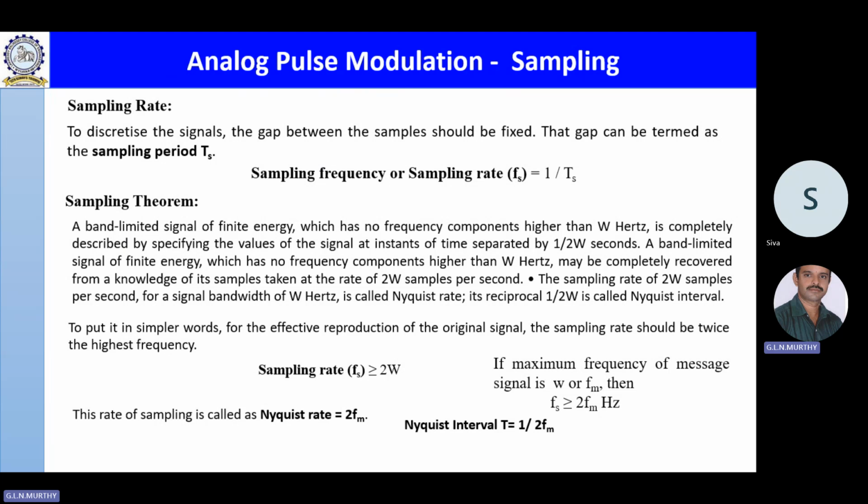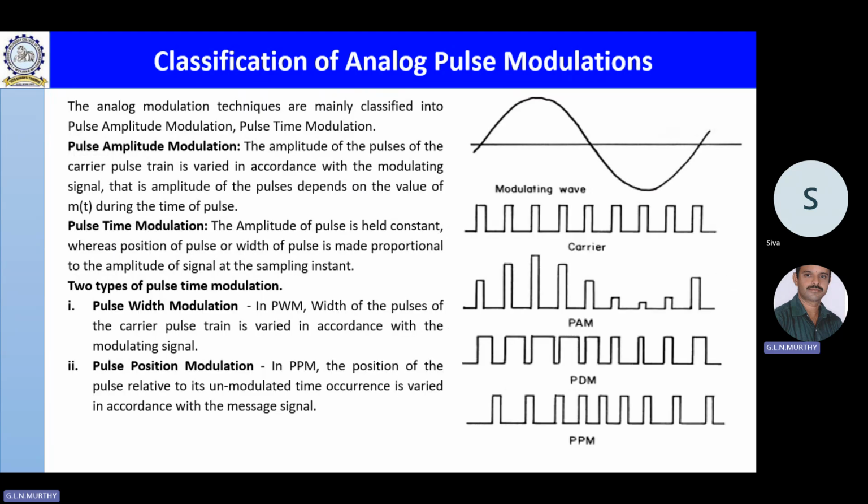We have already mentioned that the sampling rate must be greater than or equal to 2W, where W is the highest message frequency. See these waveforms. The first waveform corresponds to a continuous time signal. The second one corresponds to the carrier signal, which in such a case is a periodic pulse waveform.